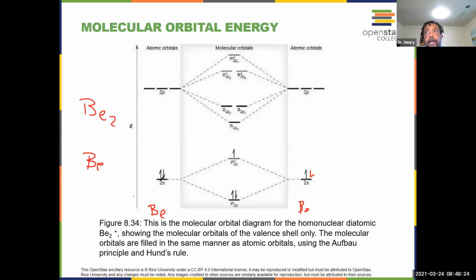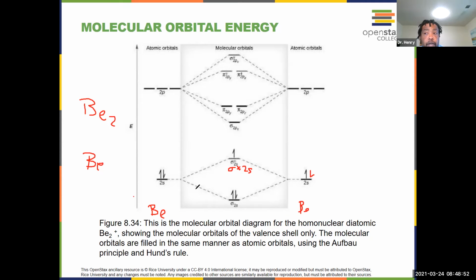When they come together for the molecular orbital, we have what we call sigma 2s and sigma anti 2s. So this is your bonding, this is your anti-bonding, okay?